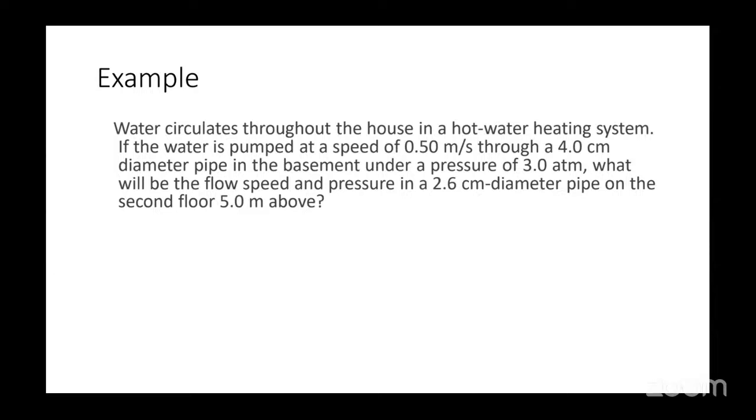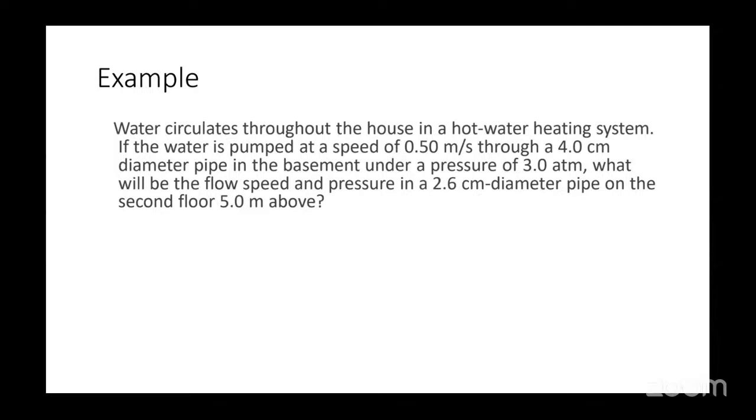Water circulates through the house in a hot water heating system. If the water is pumped at a speed, V1 is given to us here as 0.50 meter per second through a 4.0 cm diameter pipe. So we can also find the area there to give us A1 V1.